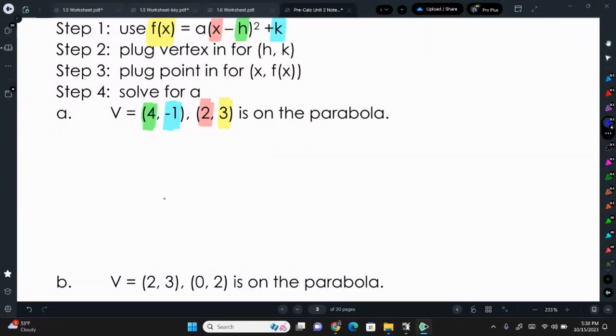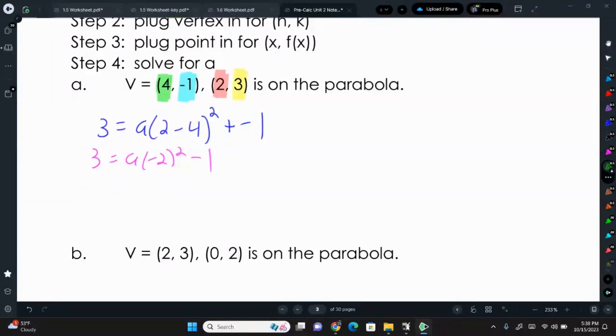So now we're going to substitute in 3 equals a times (x, but x is 2, minus the h-coordinate 4) squared plus negative 1 is our k value. So then we get 3 equals a times negative 2 squared minus 1. I'm going to add 1 to both sides and do negative 2 squared. So 4 equals 4a. Divide both sides by 4, a equals 1.